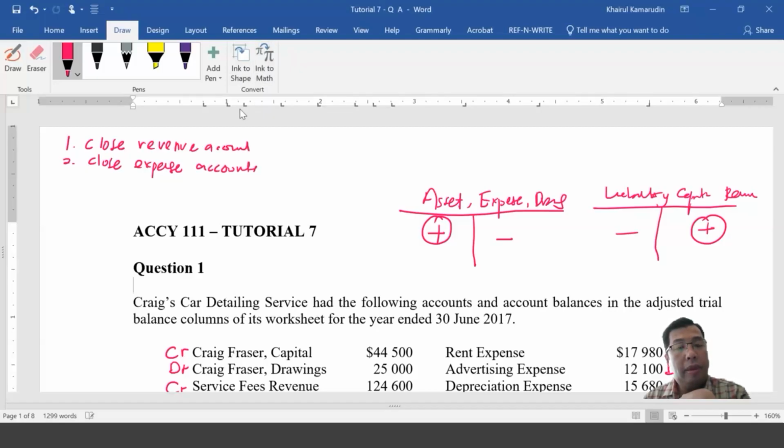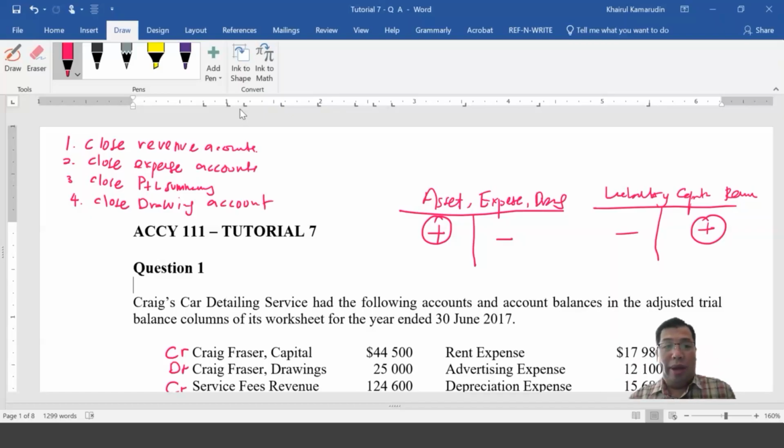Step number 3, you're going to close your profit and loss summary or income summary. And number 4, you're going to close your drawing accounts.